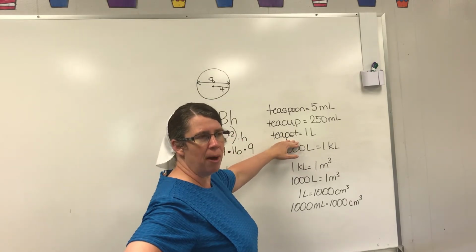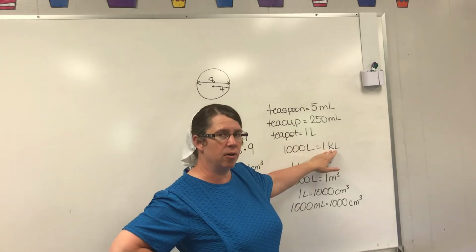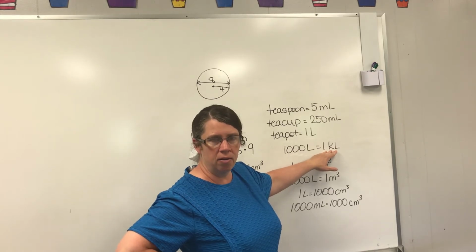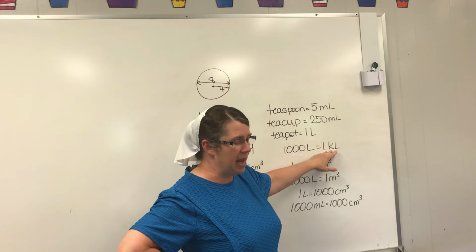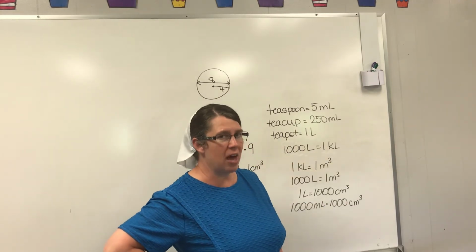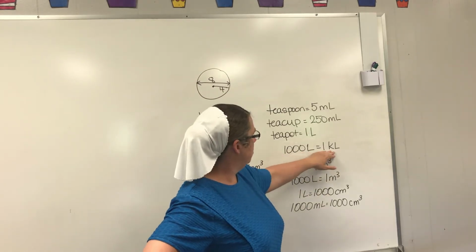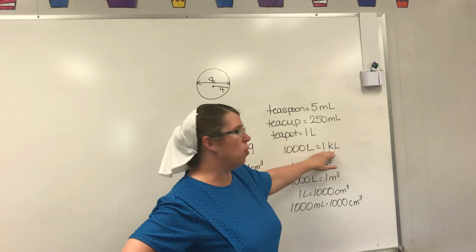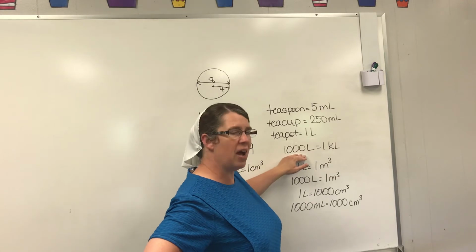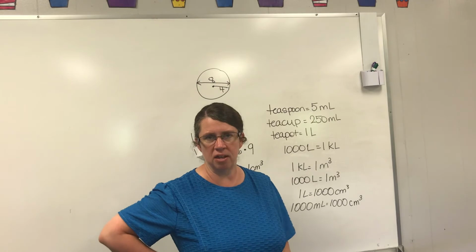That might be easier to think about. 1,000 teapots in 1 kiloliter. That's a lot. It would actually be 25,000 liters, because there's 1,000 liters in 1 kiloliter. So if we're thinking 25 kiloliters, it would be 25,000 liters, which would be 25,000 teapots in a garbage can.